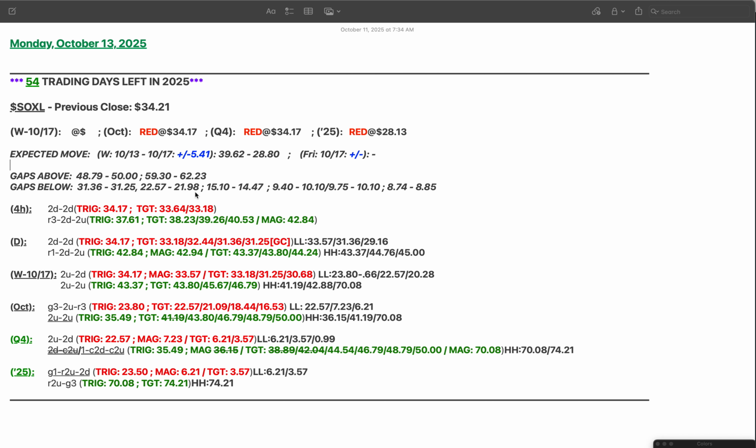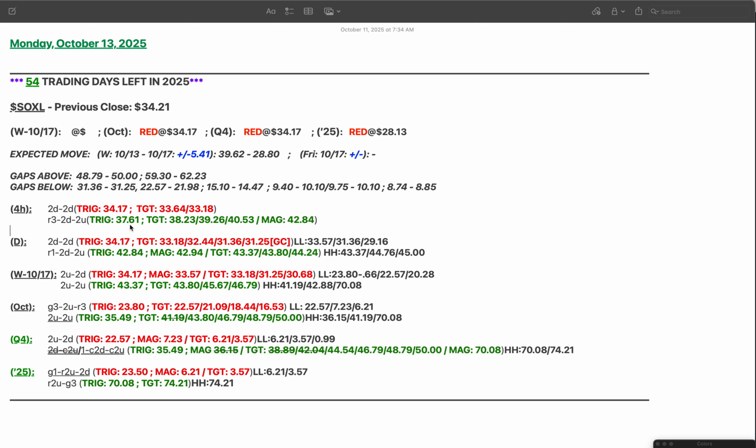So we talked about the scalping: lower highs below opening print, getting into puts; higher lows above opening print, getting into calls. But from the day trade, overnight swing perspective, 4 hour, if we do get action to the downside, it's a 2 down continuation, triggering at 34.17 with targets of 33.64 and 33.18.